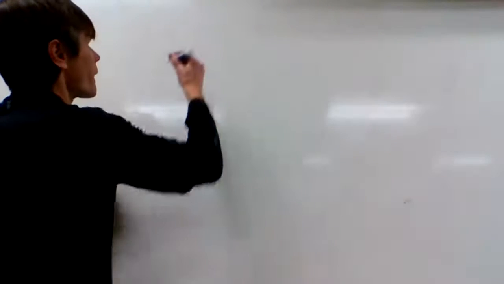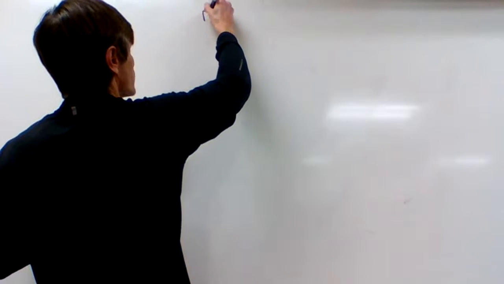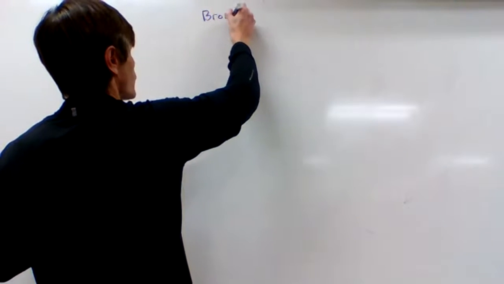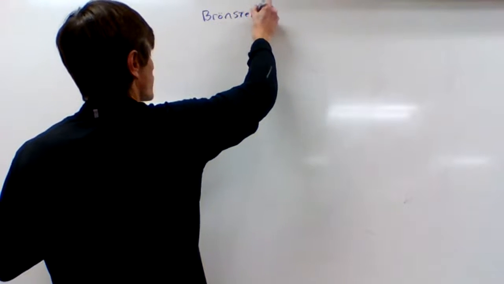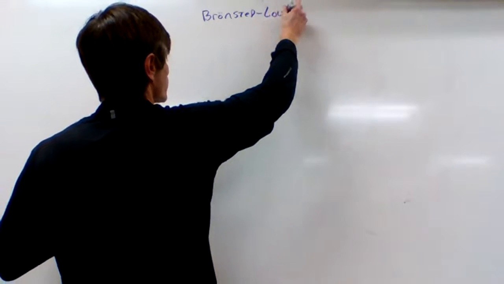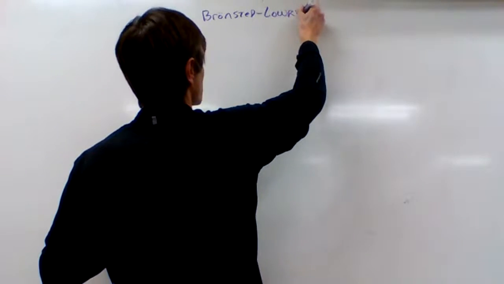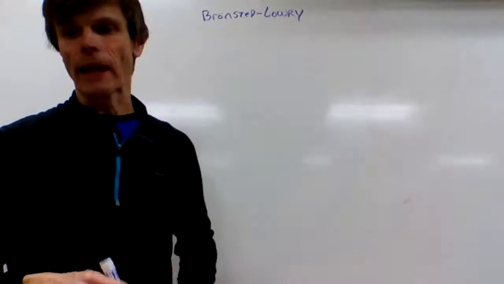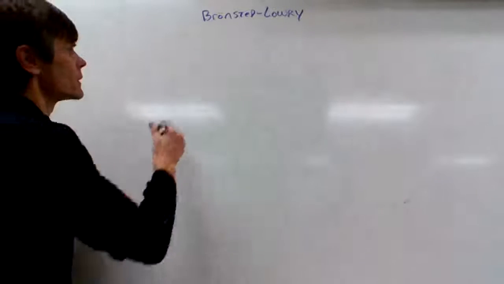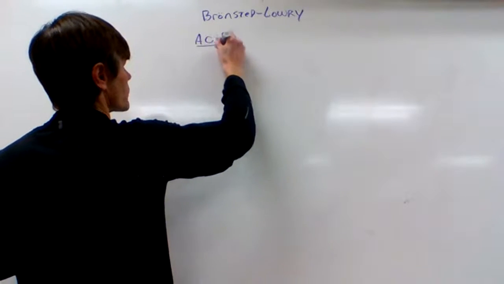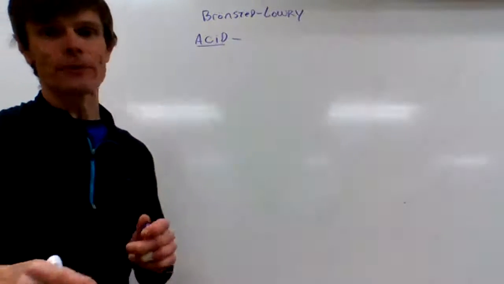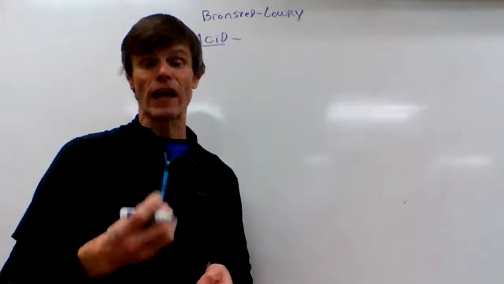The Bronsted-Lowry definition, these were two scientists that worked independently, but they developed the theory around the same time. Bronsted-Lowry defines an acid as a substance that can act as a hydrogen ion donor.